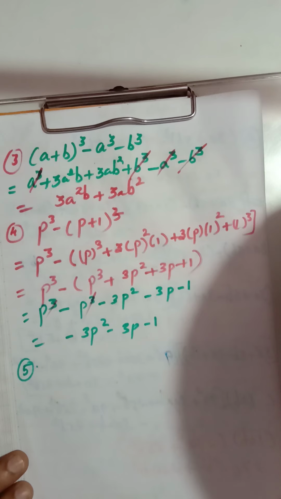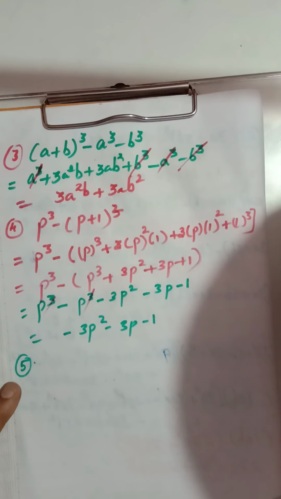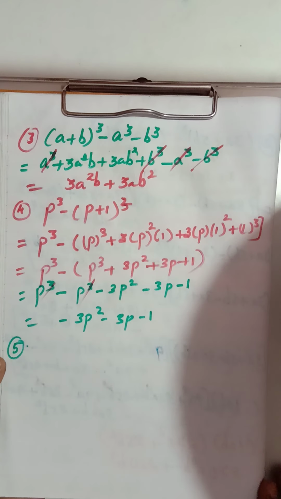The first bracket is your a, the second bracket is your b. That means you apply the a cube minus b cube formula and solve. This one question you will try. In case you are not getting the answer, then just send me a message and I shall solve it and send it to you, because one sum at least you will try on your own. I want you to try on your own.